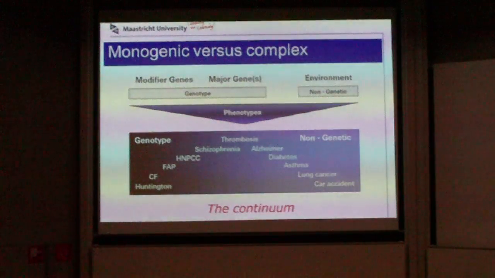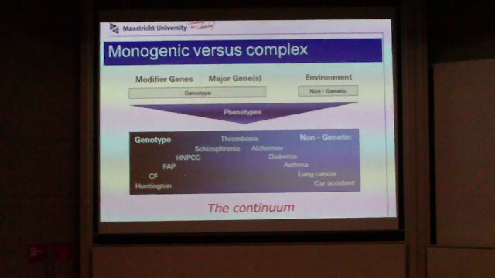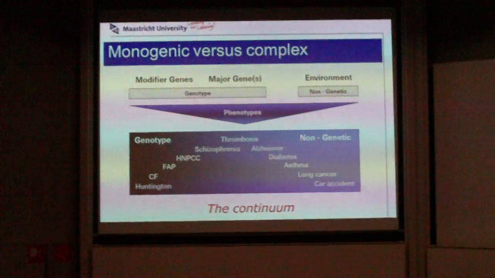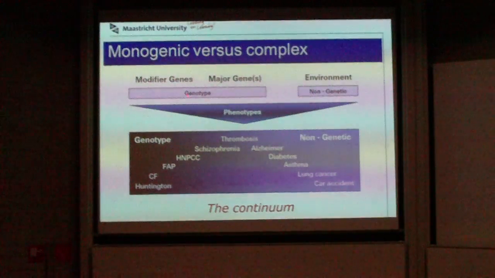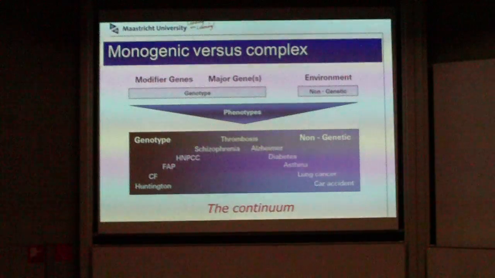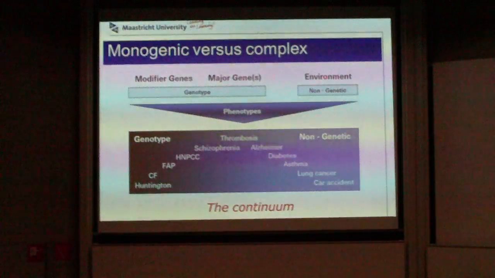So there's more or less a continuum. You have major genes that affect the phenotype, which is high or low risk, modifier genes that can compensate a little bit, and environmental factors, which are non-genetic at all.